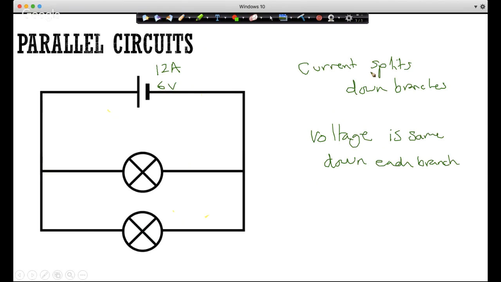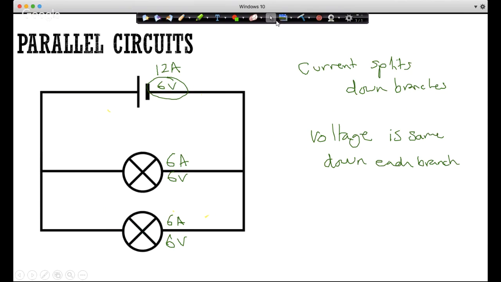Current splits down the branches. If these 2 bulbs are identical, you're going to have 6 amps coming down here, because half of the electrons will go this way, and 6 amps coming down here, because half of the electrons go down this way. Voltage, though, is going to be the same. Every electron that goes past this bulb will be carrying the same amount of energy as it had past the battery. So we're going to have 6 volts and 6 volts there again.